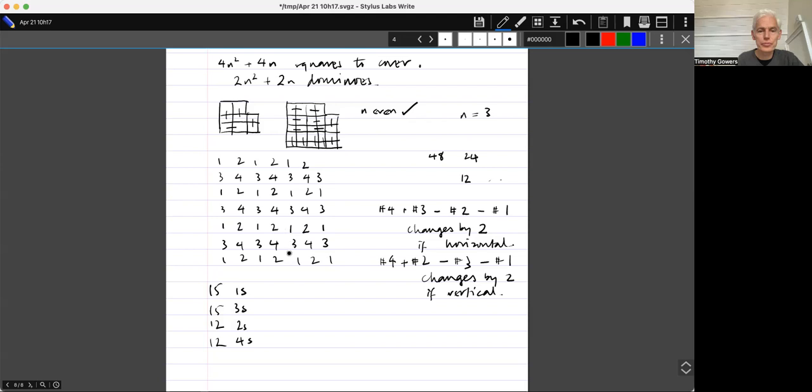No, not 12 4s. Something's gone wrong here. My symmetry was wrong. It's 12 3s. The symmetry is between 3 and 2. Just check that adds up though. 15, 27, 39, 48.